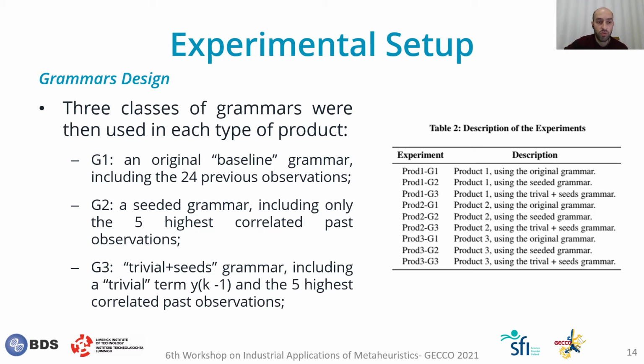And G3 was the third class of grammars, which we call the trivial plus seeds grammar. So basically these grammars would include the trivial term, which is y of k minus 1, and the 5 highest correlated past observations. As we had 3 different products, these resulted in 9 different experiments, alternating between the different products and the three different grammars as well.